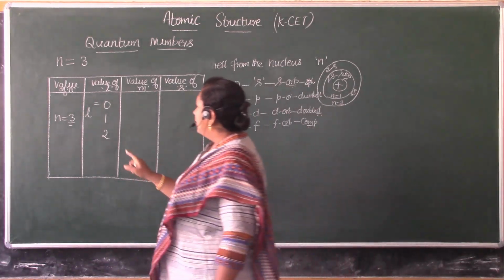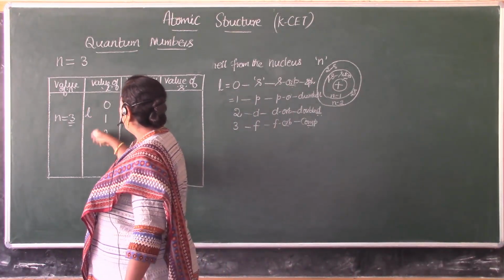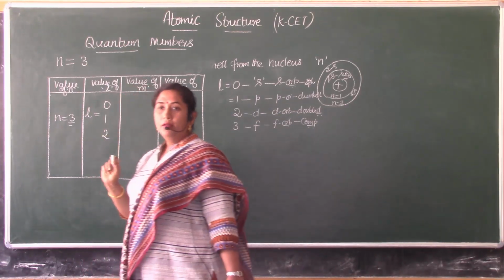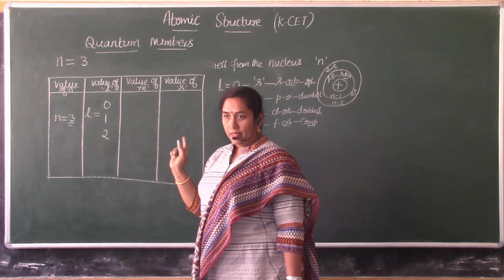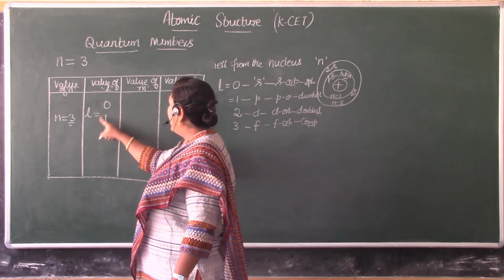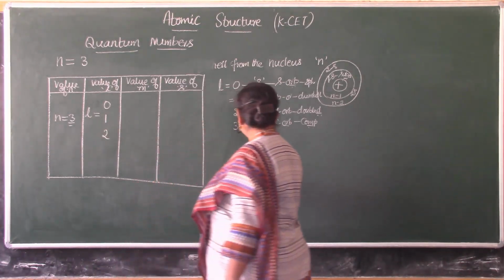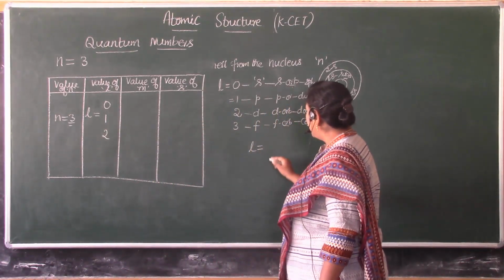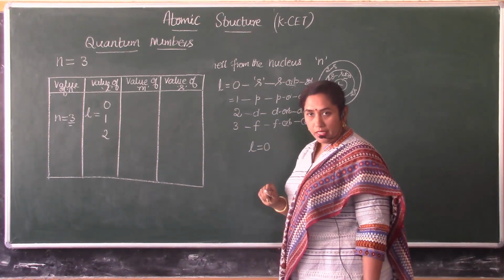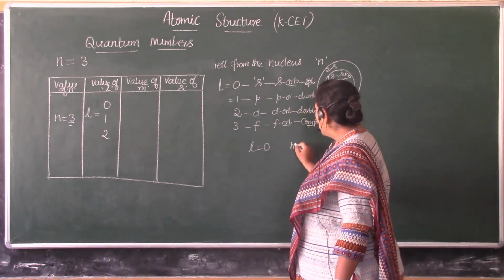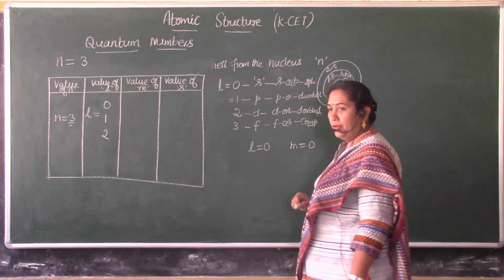Now for every one value of L, there will be values given for m. Let us see what it is. If L is equal to 0, these are the standard things I would like to draw your attention to, M will also be equal to 0.